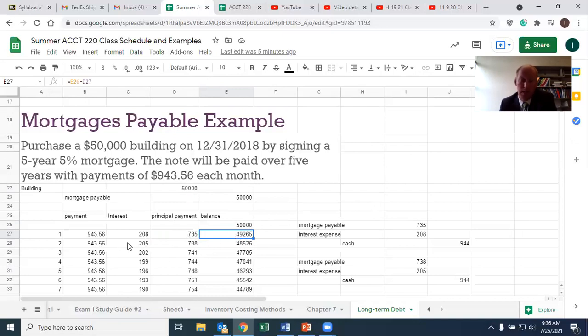So the next month, at the end of the month, then we're going to do our new calculation. The interest rate is the same, divide by 12, but we're going to multiply it by 49,265 instead of 50,000. So we're paying just a little bit less in interest and just a little bit more in principal.